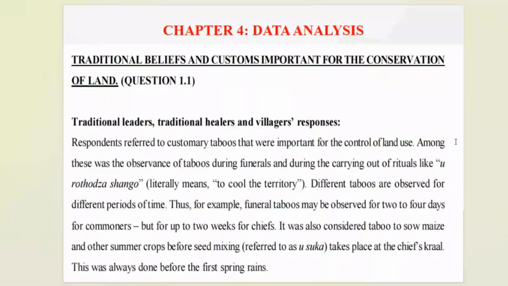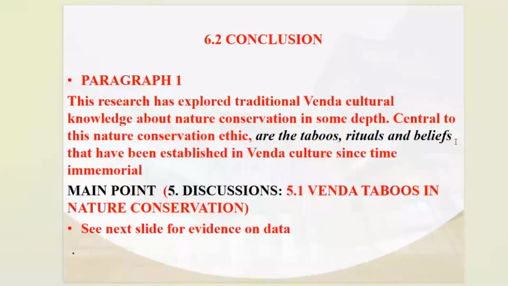You see now, this is raw data that was presented in chapter 4. So I'm just demonstrating that the conclusions you see here, which make reference to all those taboos, exist because taboos were reported in the findings and discussed under chapter 5, where the title was Venda taboos in nature conservation.